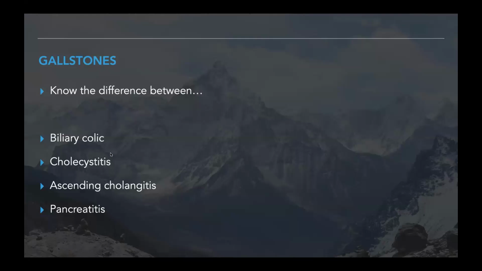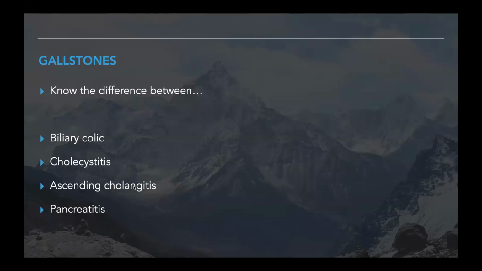This is due to gallstones, so it's due to the gallbladder contracting around the gallstones, which causes pain. Cholecystitis, in contrast, is usually the result of a gallstone becoming impacted at the neck of the gallbladder, resulting in infection and inflammation of the gallbladder itself. So you get continuous right upper quadrant pain with fever and raised inflammatory markers.